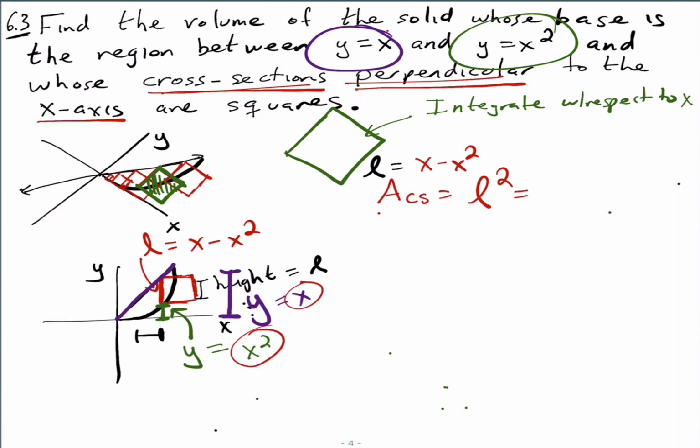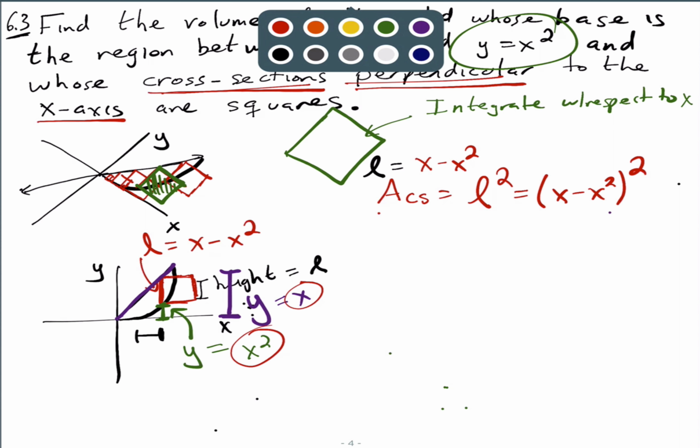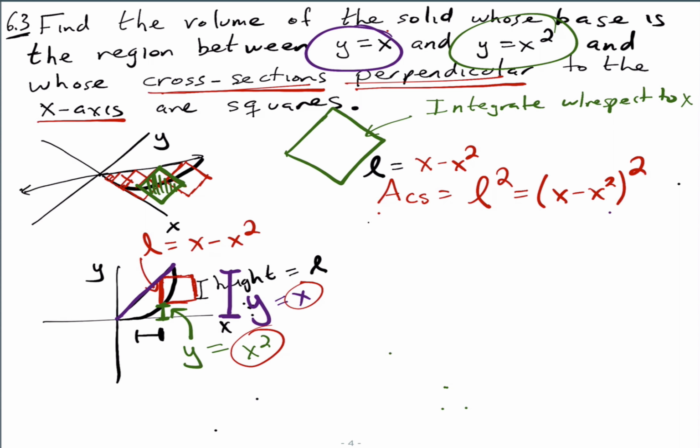Well, besides being more difficult to visualize, in the other one it was pi r squared because the cross-section was a circle. But here in this case it's a square, so the area is length squared. So then here we have (x minus x squared) quantity squared.